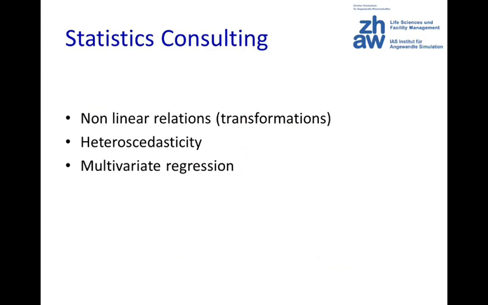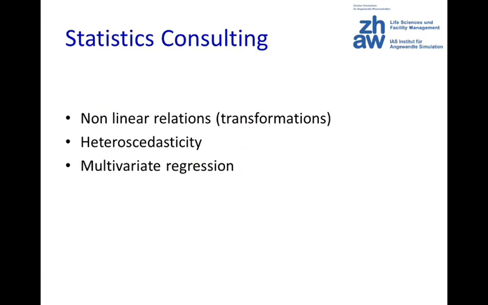Since this can be a very advanced topic, we have a statistics consulting service at the Institute of Applied Simulation. I would especially advise you to seek our help in cases where you have nonlinear relations in your data, where you have heteroscedasticities or non-equal variances, or when you do multivariate regression.